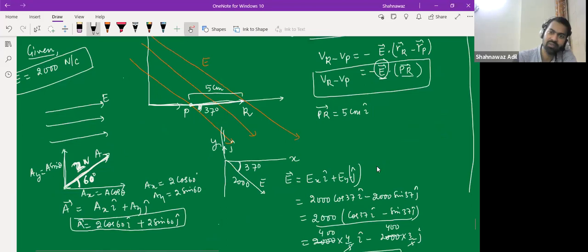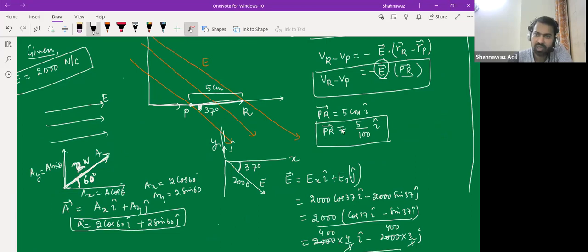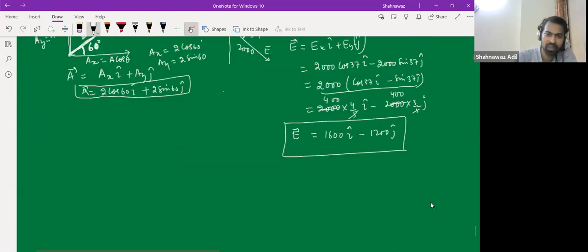Okay, so this is 5 centimeter, which is 5 by 100 I hat. This would be in meters. So this is PR. Now we have calculated PR, we have calculated E. So VR minus VP would be how much?